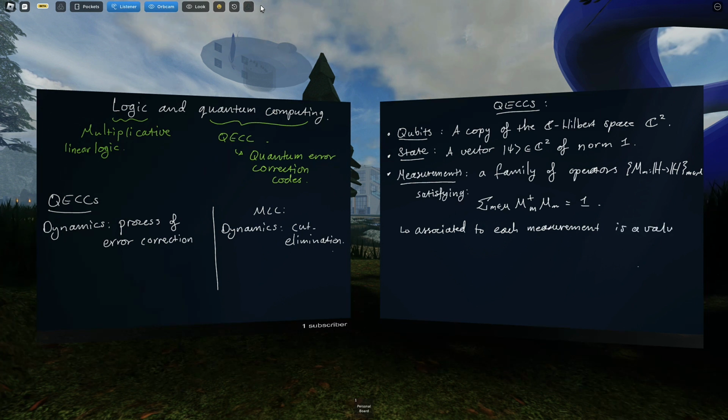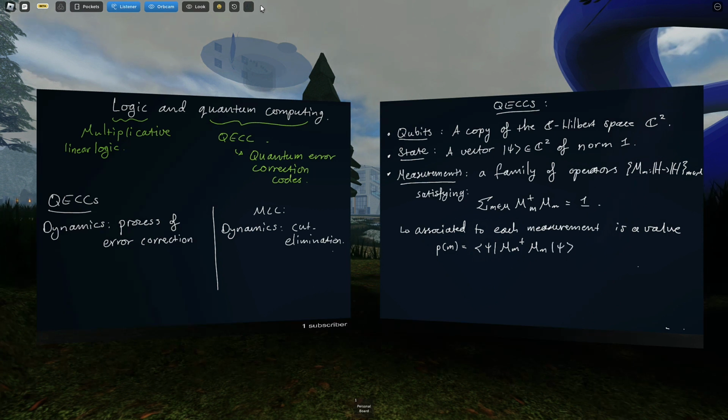Or a family of values parameterized by M. So we call this P of M, and it's simply the inner product when I've applied the operators M. Could your daggers look like daggers and not pluses, please? Oh, nice. Yeah, okay.